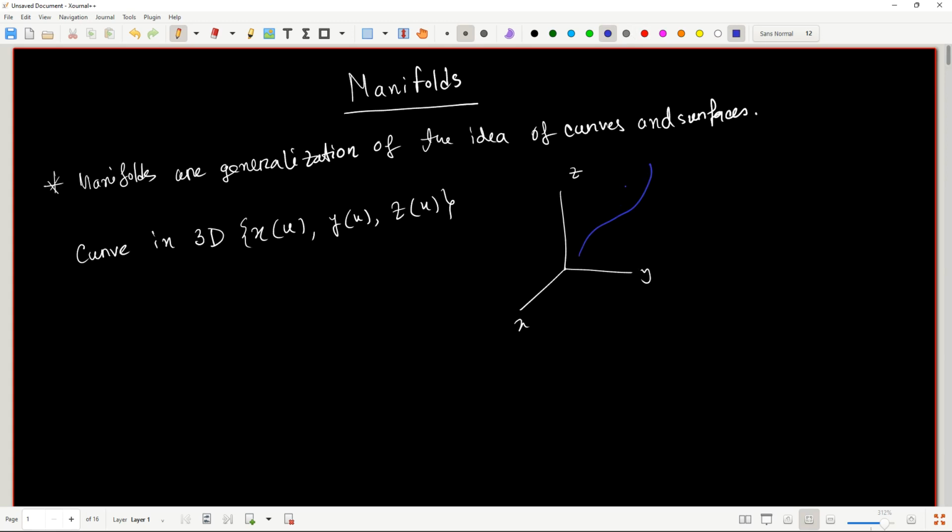Now, a curve and a surface, or the regular geometrical figure that we see in our everyday life, are considered locally homeomorphic to some R or R squared. For example, if I take a very small region on this curve and I zoom in on this portion, then it locally looks like R.